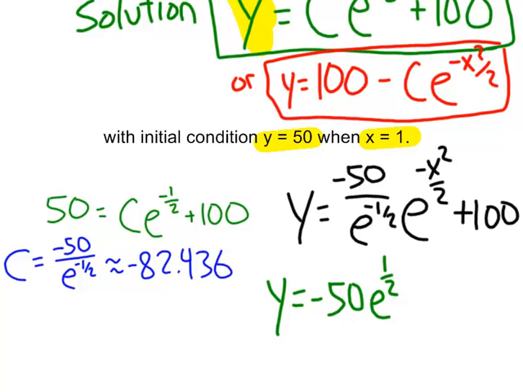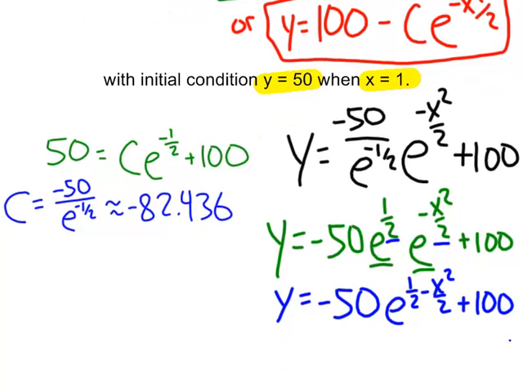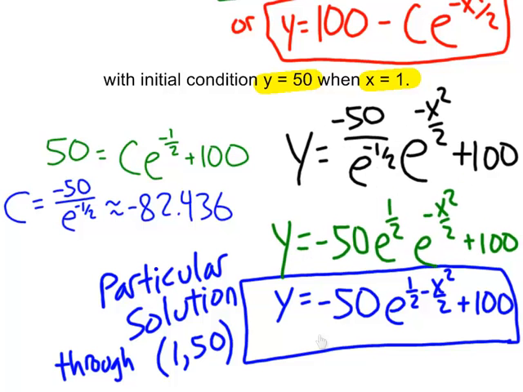And then times e to the -x squared over 2 plus 100. And keeping in mind exponential properties, you've got the same base here, so might as well add their exponents. Okay, I know that was a bit much. I hope that didn't overwhelm. One more time, this has been our particular solution, which you see in its various forms.